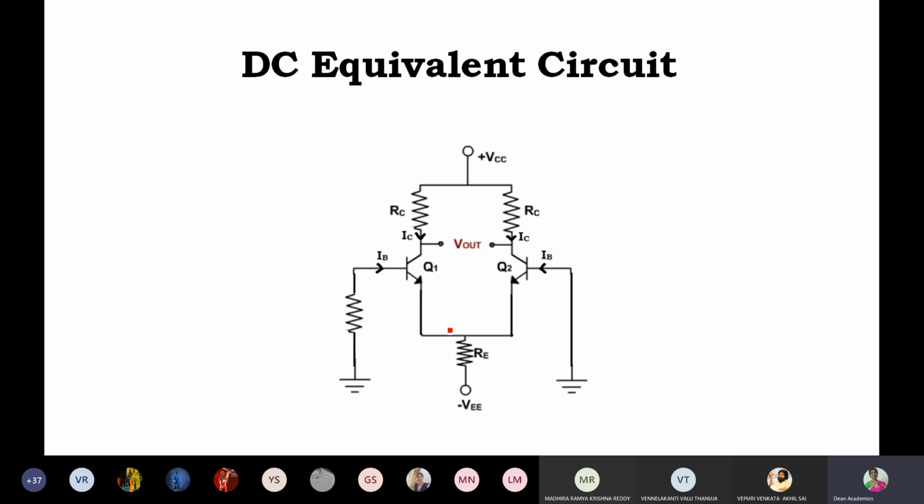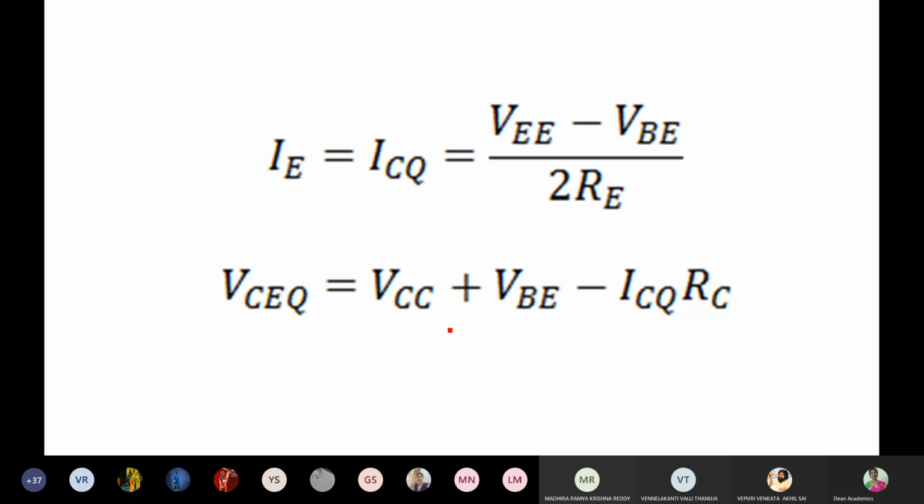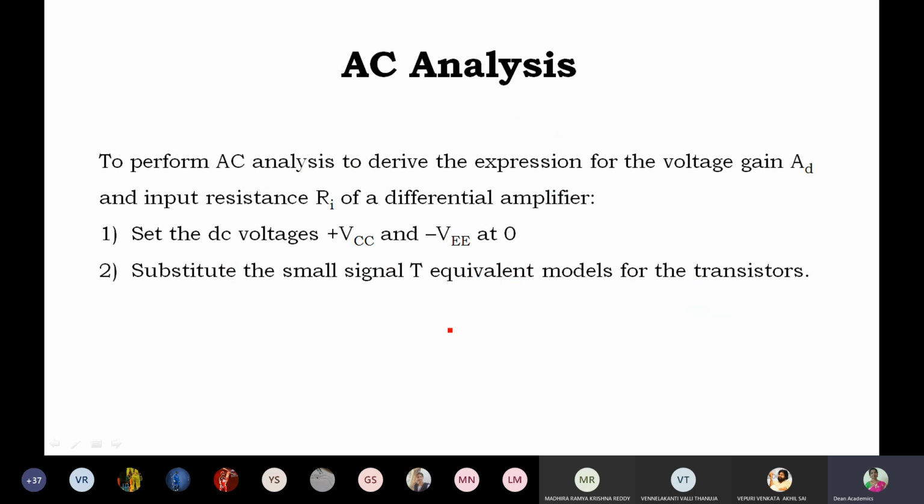All of you draw this DC equivalent circuit. After drawing it, we write KVL for the input loop, how we have done for the dual input balanced output differential amplifier, the first configuration. Similarly, we draw and carry out DC analysis like this.